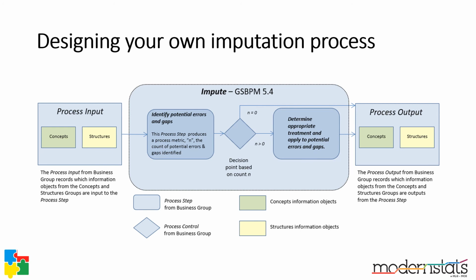If you don't have any errors or gaps, then you just go straight to the output, and the output of that process will become the input in the next sub-process. But if you have more than 0, then you make a decision and you have to determine the appropriate treatment and how to apply that to potential errors and gaps. You would have to examine those finds in more detail.